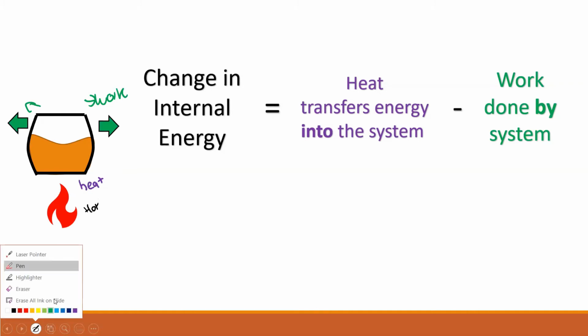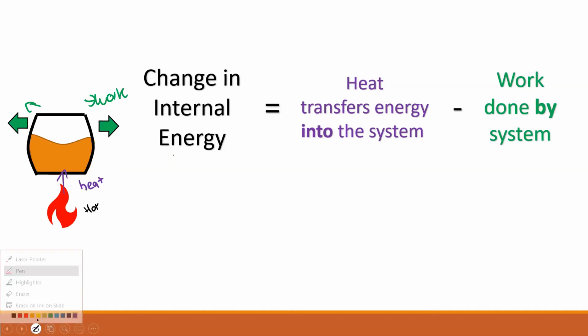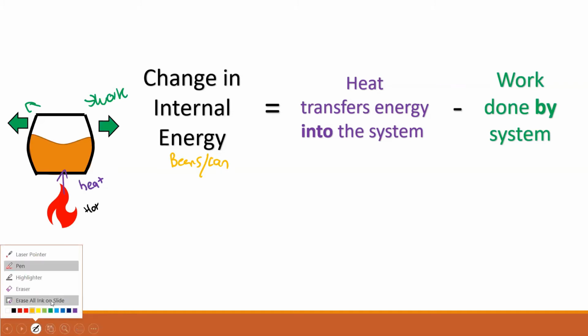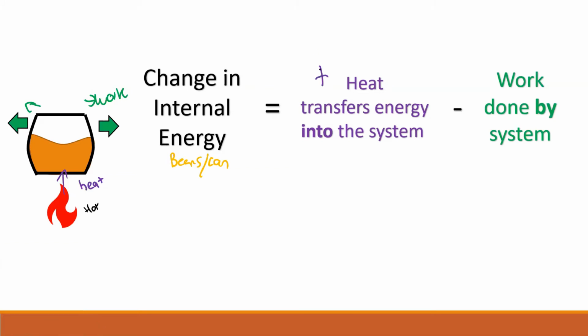And so now what I want you guys to do is spend some time looking at the signs. So if you think about the internal energy of the beans or whatever it is, okay? Heat transfers into the system, that's going to increase its energy because you're putting energy in.